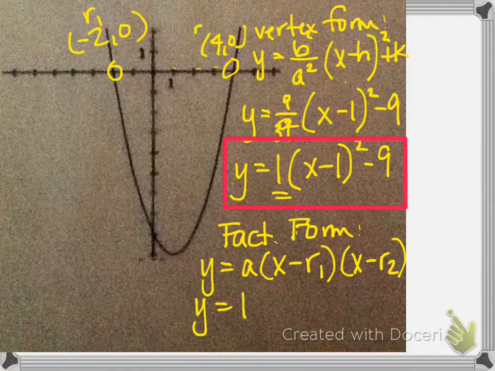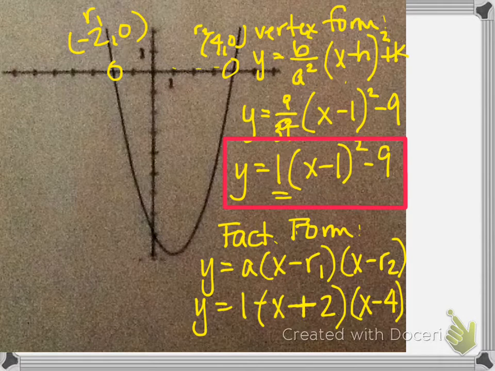So there's root 2. So we have x minus negative 2, and x minus 4. Minus the negative turns to a plus. So y equals 1 times x plus 2 times x minus 4. And there is the factored form of that graph.